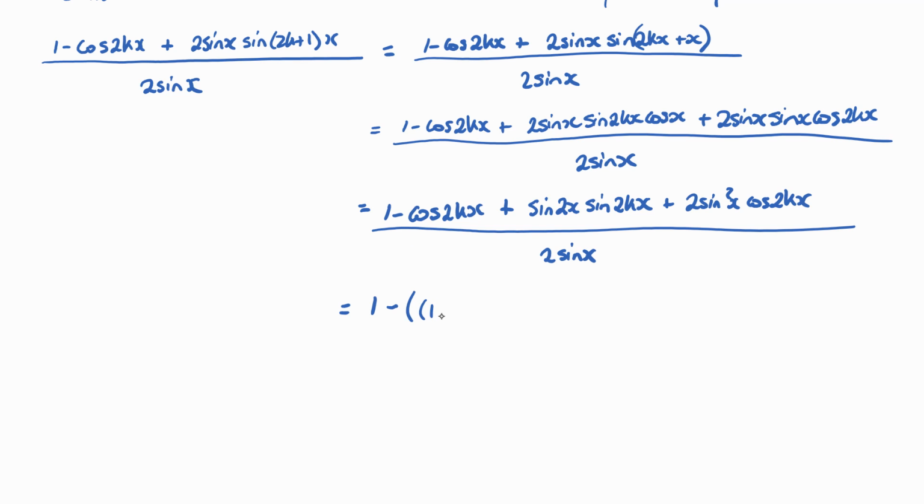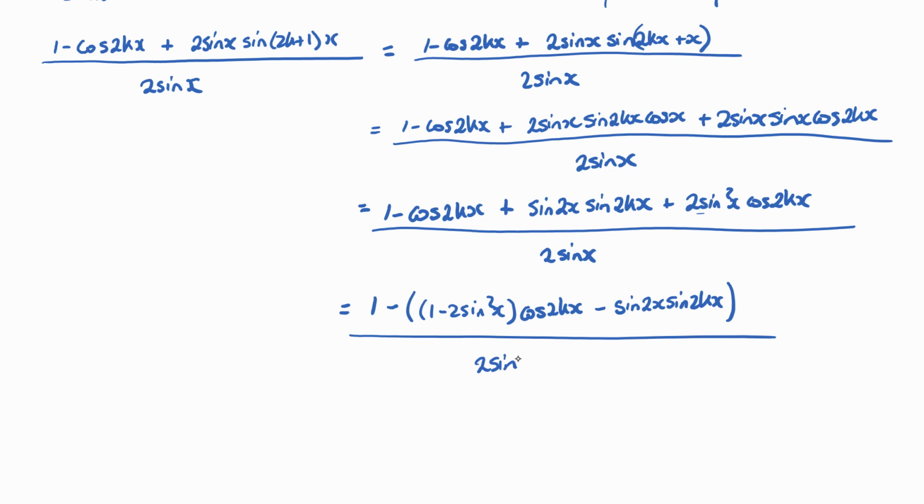I'm going to have 1, and it's going to be minus 2 sine squared x cos 2kx, because cos 2x times 1 is this one here, and it's minus, and cos 2kx times 2 sine squared x is this term here, and the minus turns it positive, and then we have this middle term which stays the same. That'll be minus sine 2x sine 2kx. That needs to be minus because the minus turns it positive, all over 2 sine x.